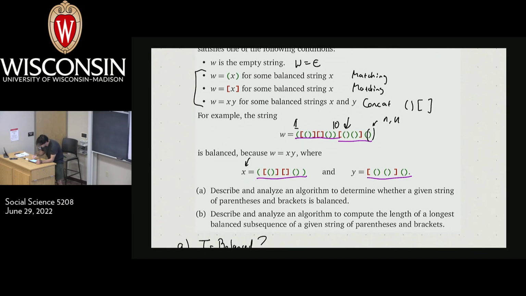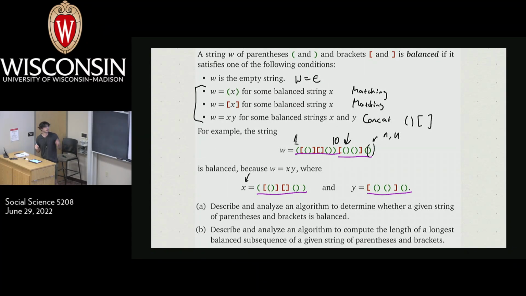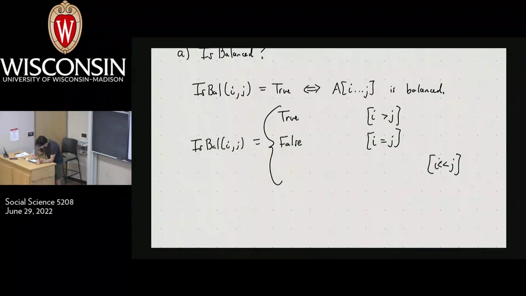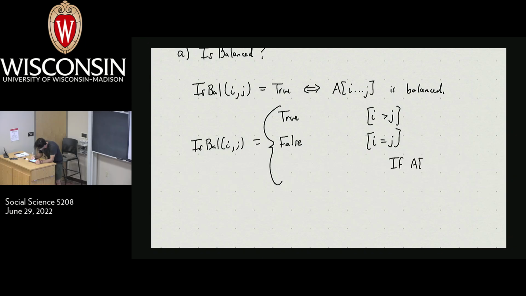There's two cases. First, we have the matching case. If the left and the right ends are matching, we're done. So let's just say if A[i] does not match with A[j], so this means does not match. Really, it's an if statement, right? You're checking if A[i] is a left paren, then A[j] is a right paren. Otherwise, if A[i] is a left bracket, then A[j] is a right bracket.